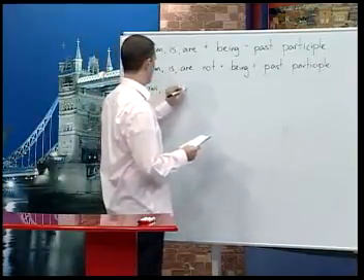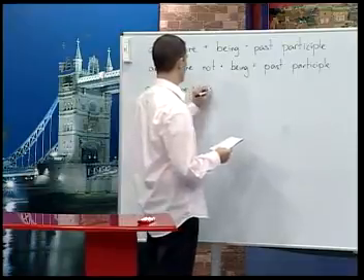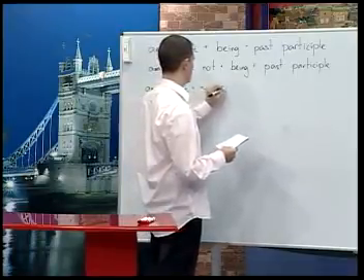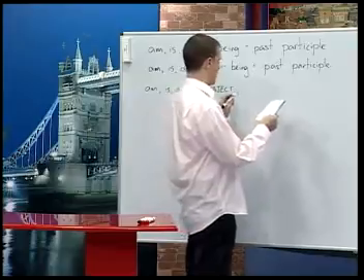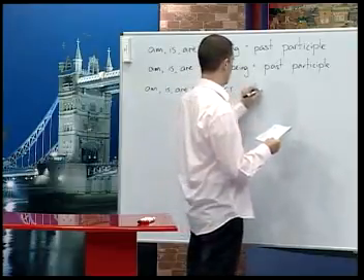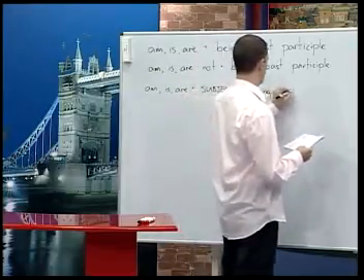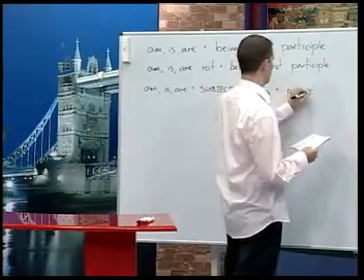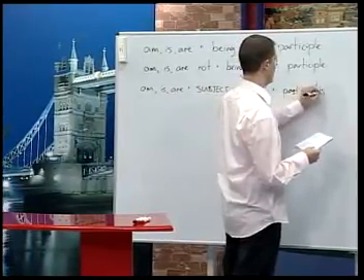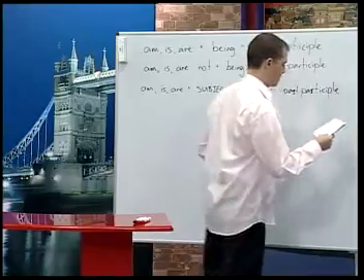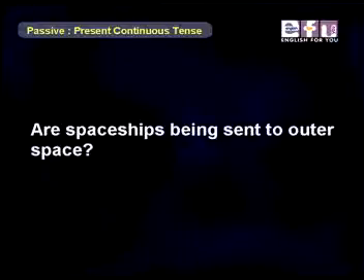And to form questions using the passive voice in the present continuous, we use am, is, are, plus subject, plus being and past participle. For example, are spaceships being sent to outer space?